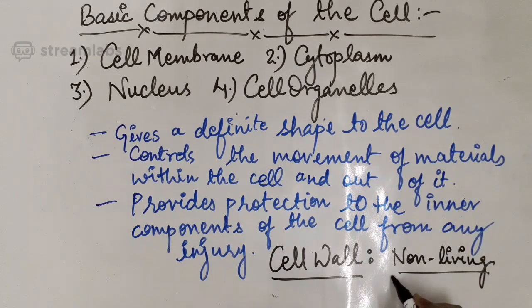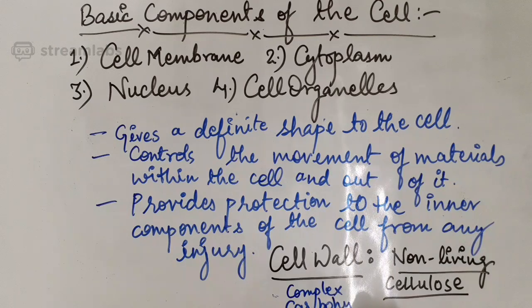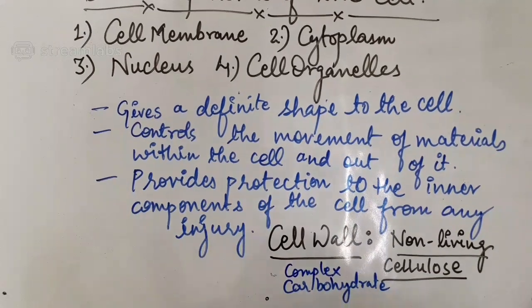And that structure which makes the cell wall is known as cellulose. Okay, cellulose क्या है? Complex carbohydrate. Okay, cell wall is made up of cellulose, which is non-living and is also called as complex carbohydrate.